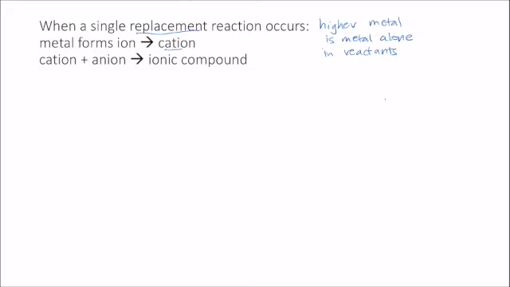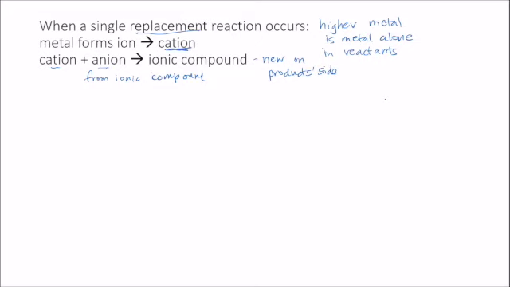And then you use the crossover rule to write the cation, that new ion, with the anion from the original ionic compound that was in the reactants. And then you have a new ionic compound, and this is new on the product side.